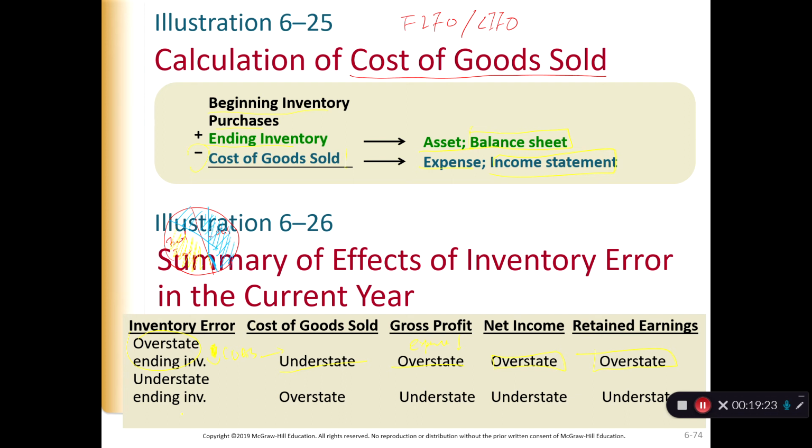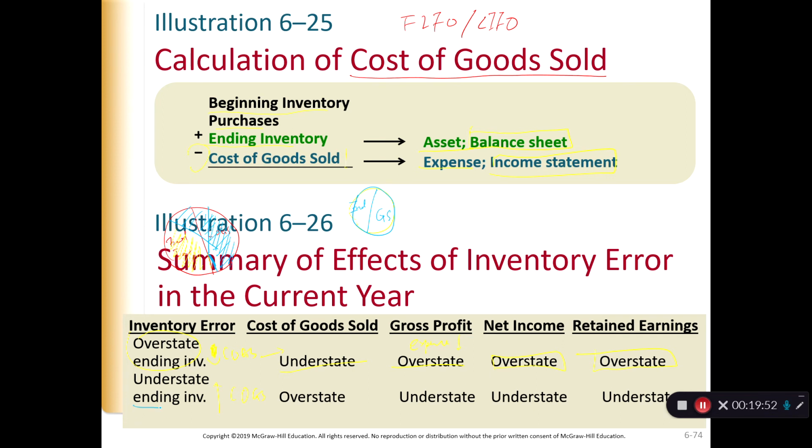However, on the other hand, if you understate your ending inventory, you will overstate the cost of goods sold, because those two things are eating one pie, right? The pie is split between cost of goods sold and ending inventory. Either ending inventory is high and cost of goods sold is low, or ending inventory is low and cost of goods sold is high.